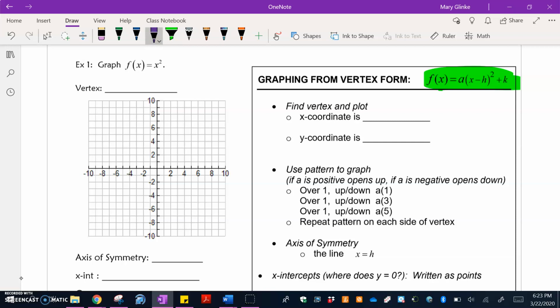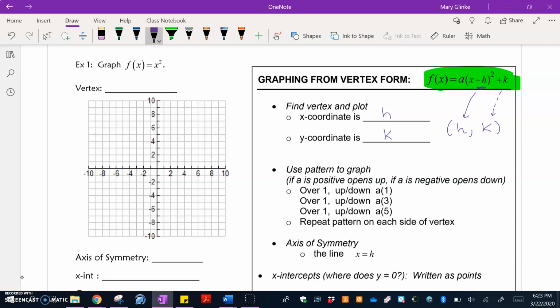The x-coordinate of your vertex is going to be h. You'll notice that you take the opposite of whatever sign is on the inside of the parentheses. The y-coordinate is k. So therefore your vertex would be h comma k, where h does the opposite of what's inside of the parentheses and k just keeps whatever sign is with it.